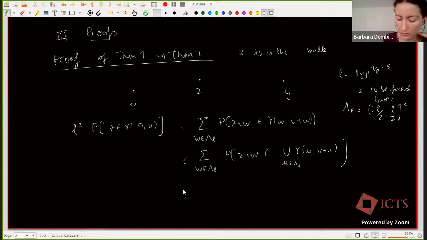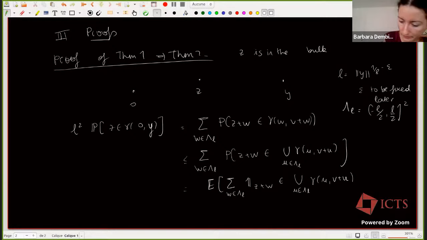And this I can rewrite as the expectation of the sum over W in Lambda L of the indicator that Z plus W is in this union. Sorry, it's a Y. Here I only use the fact that you can write the probability as the expectation of an indicator, and that you have linearity.